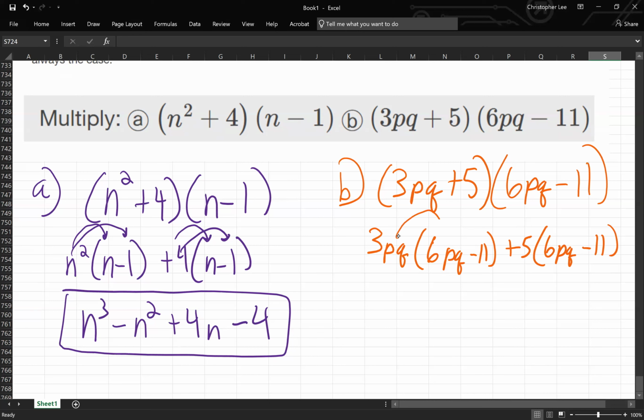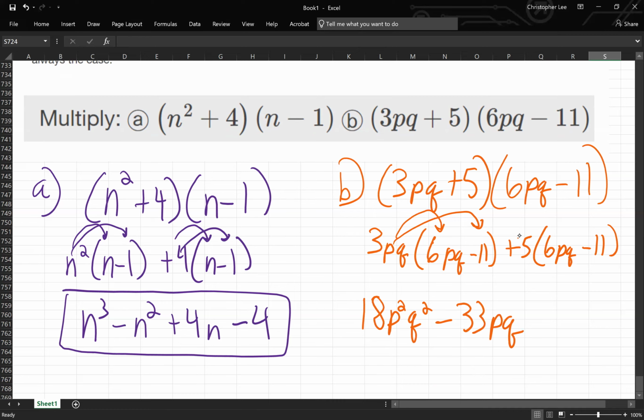All right, 3pq times 6pq is what? P squared q squared. Perfect. 18 p squared q squared. And then 3pq times negative 11, what's that? 3 times negative 11 is negative 33pq.